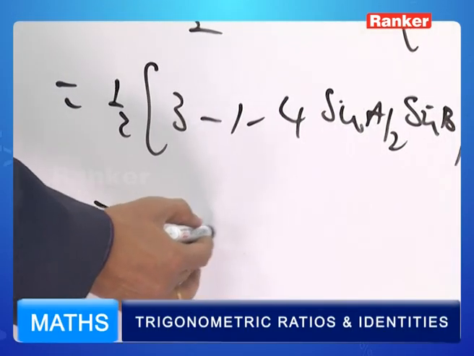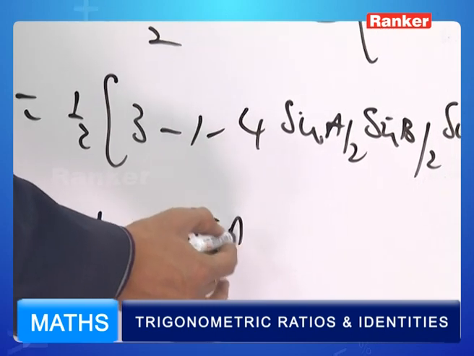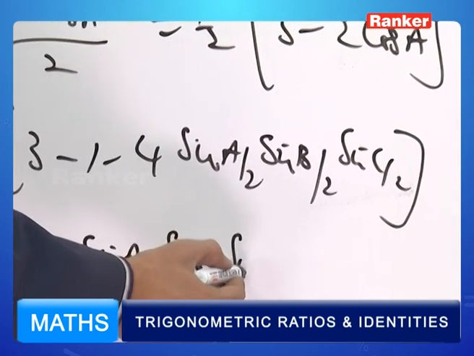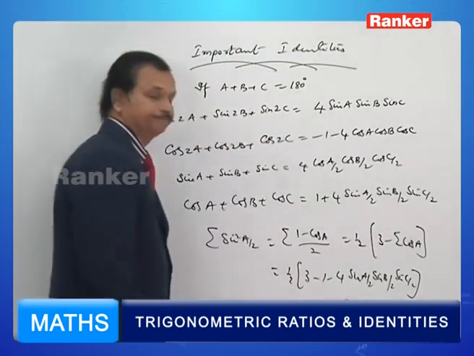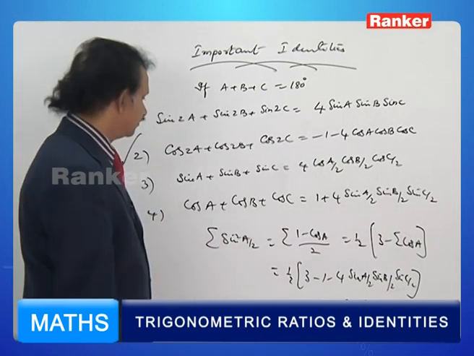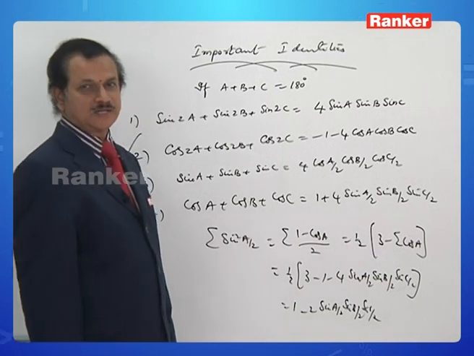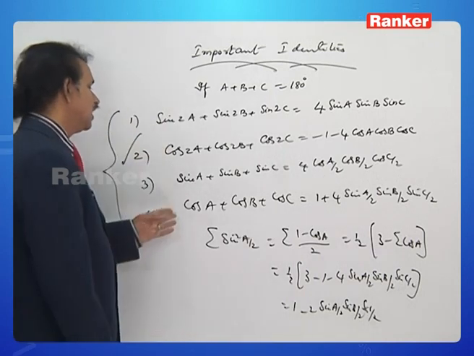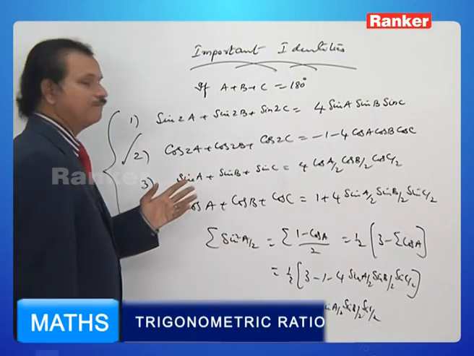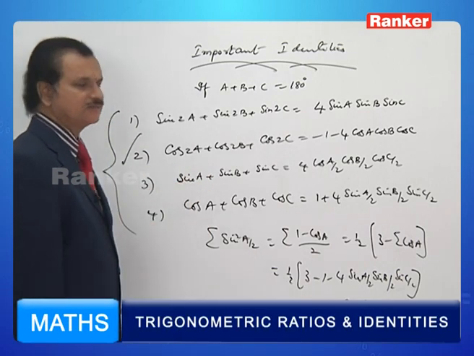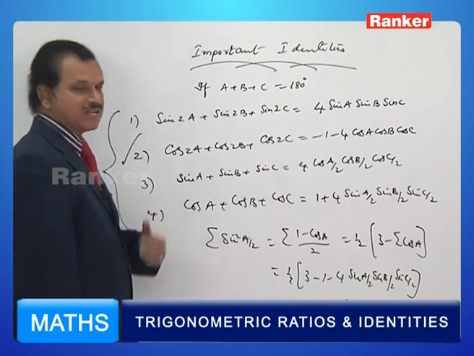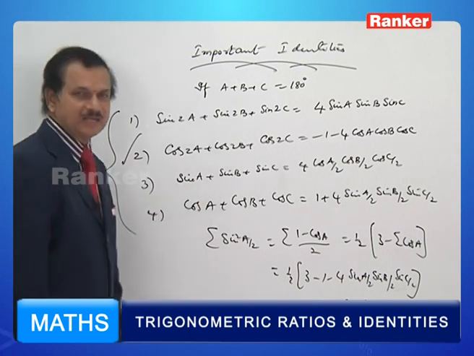Half of 4 is 2. That's it. This is about sigma sine square A by 2. So, these are the most useful formulae which can be used in multiple ways. These are the identities which are needed very much regarding sine function and cos function, if A plus B plus C is equal to 180.